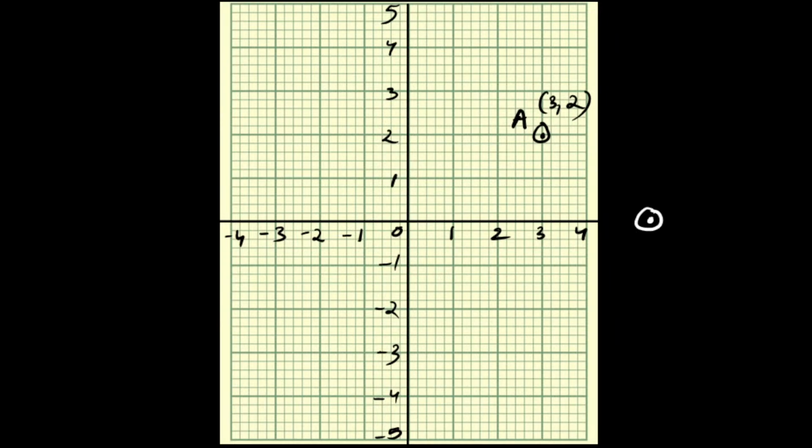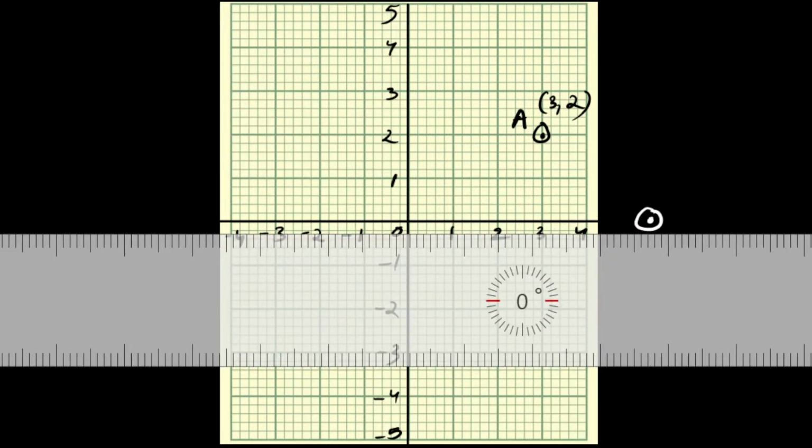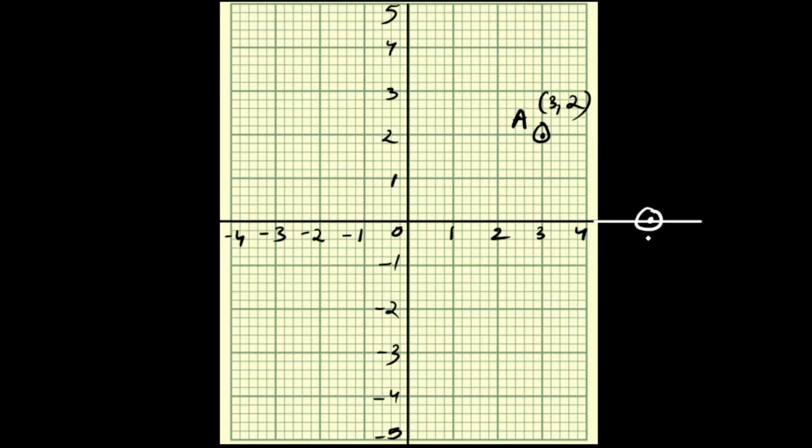Because in 5 comma 0 the y value is 0, this point lies on the x-axis. A point of the form x comma 0 lies on the x-axis because y is 0. So this point is point B. Both points are plotted.